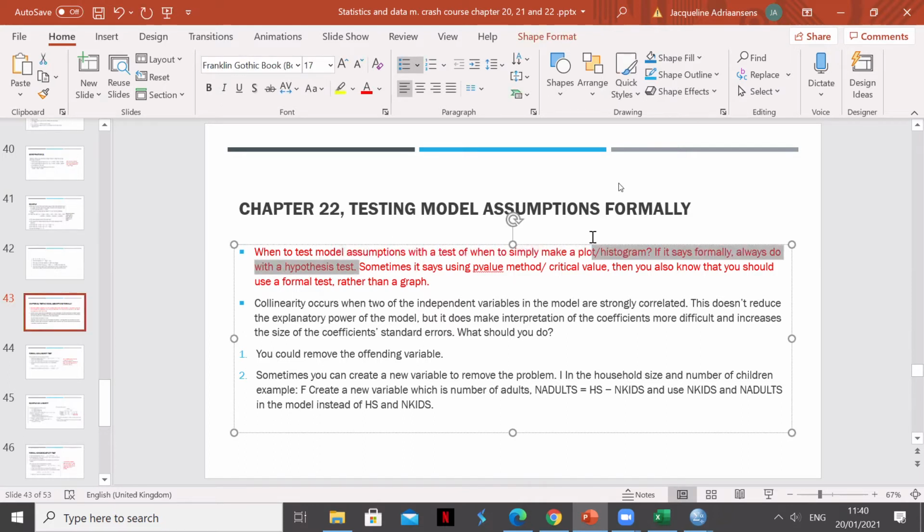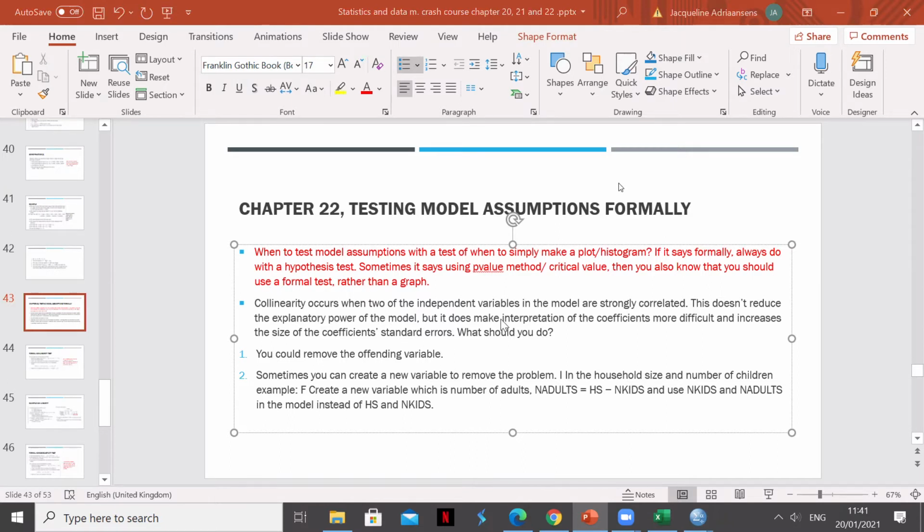I wrote that down here in red. And if it says formally, you do a hypothesis test. Sometimes it says using the p-value method or a critical value. And then, of course, you also know that you need to do a formal hypothesis test, because, of course, you cannot read a p-value from a graph. But if it doesn't say it, you probably can make a plot or a histogram, like we did before.